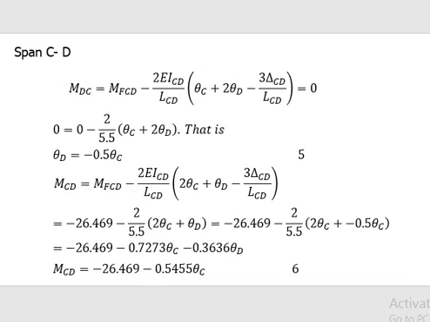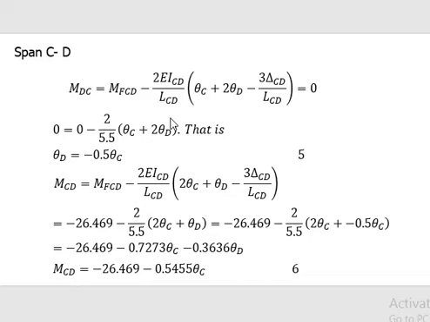I want to move into span CD. Using the first equation within the span, I calculate MCD. Okay, in this case, using the second equation, that's the equation for moment at the right, I calculate MDC.